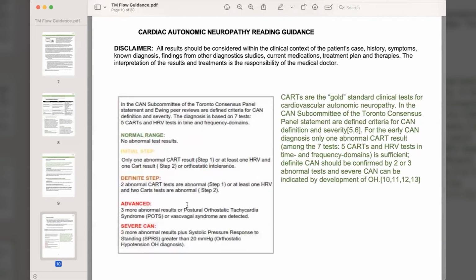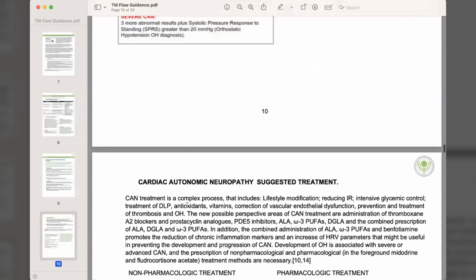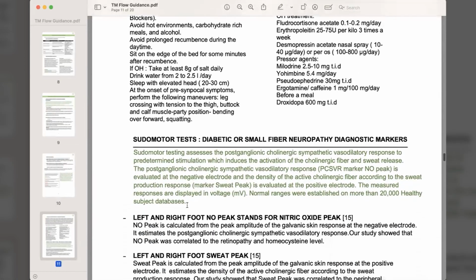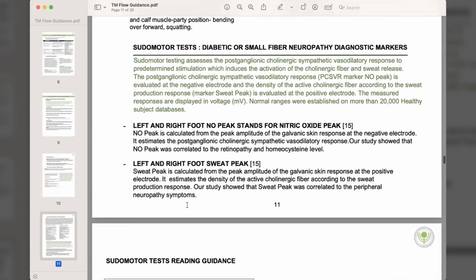Next talks about cardiac autonomic neuropathy. This is probably a good one for the Kairos too. It talks about the nitric oxide peak.